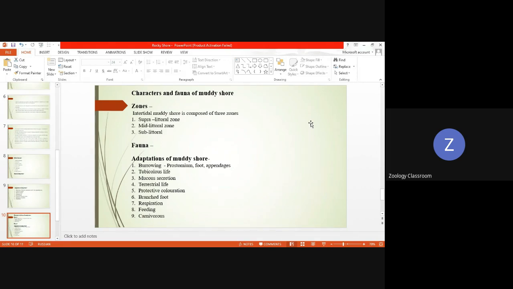If the size of particles is between 5 to 60 microns, the shore becomes muddy. Due to small size, interstitial space is absent in mud.